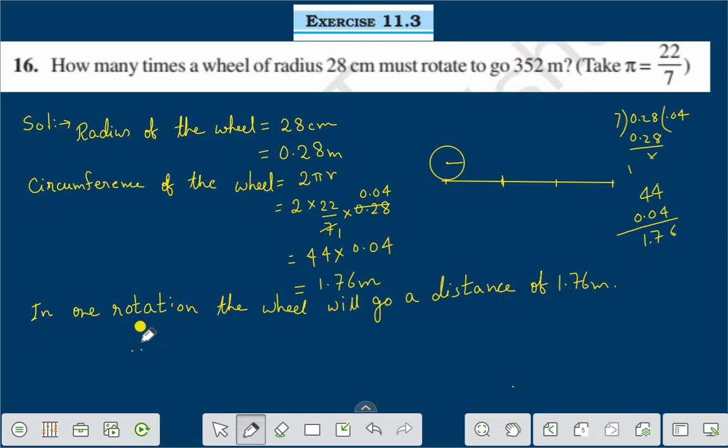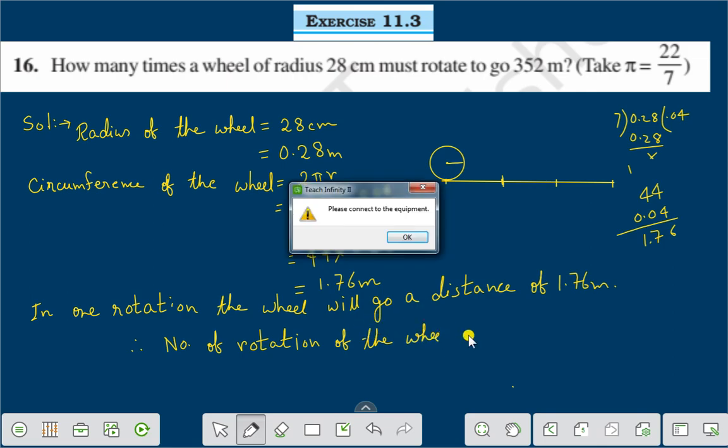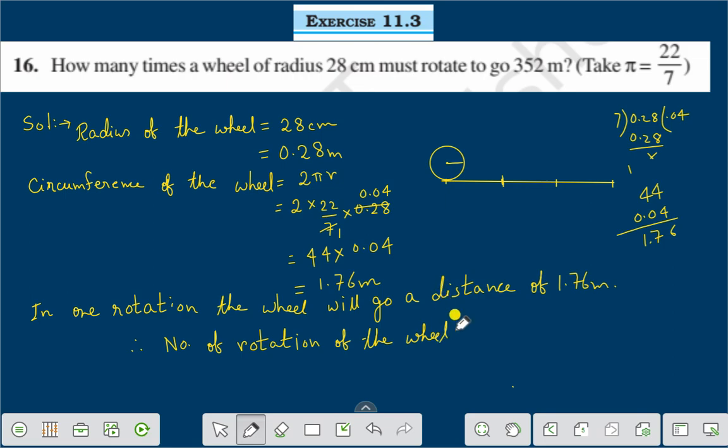Therefore, the number of rotations of the wheel is equal to the total distance 352 meters divided by 1.76.